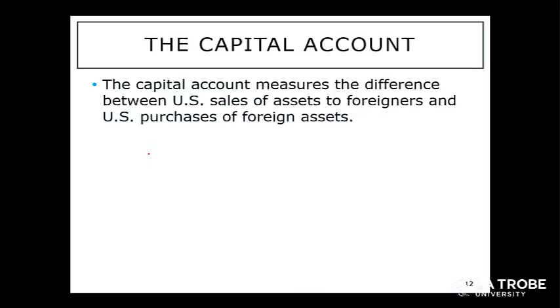So the next account that we look at is the capital account. This is the one where we record all the investments, the financial transactions between countries. If a US company goes out and invests overseas, would we record that as a positive cash flow or a negative cash flow?